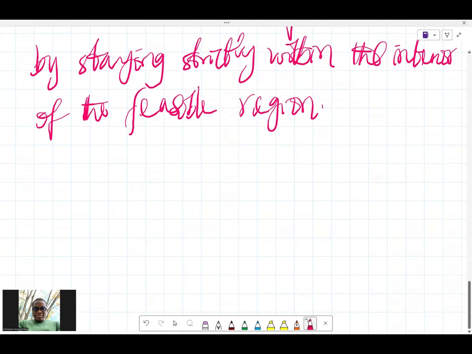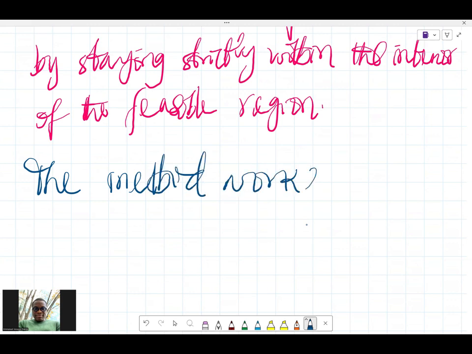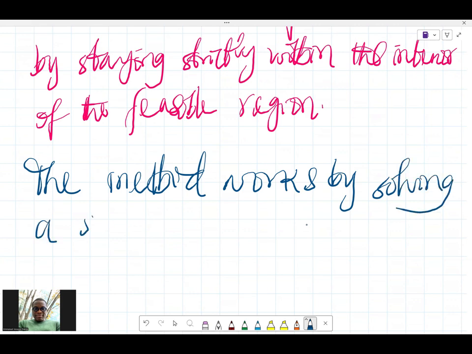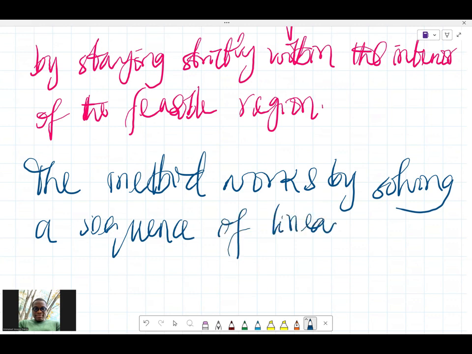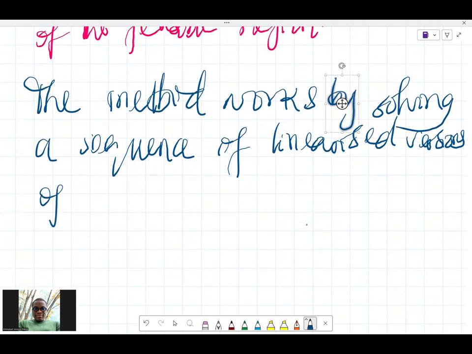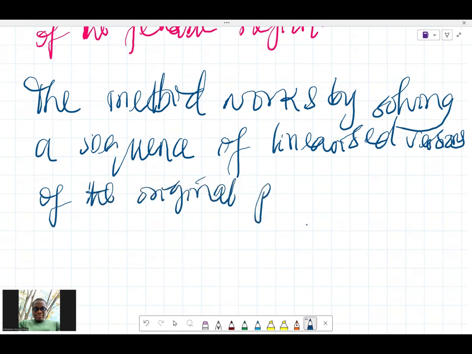Okay, the method works by solving a sequence of linearized versions of the original problem using Newton's method.